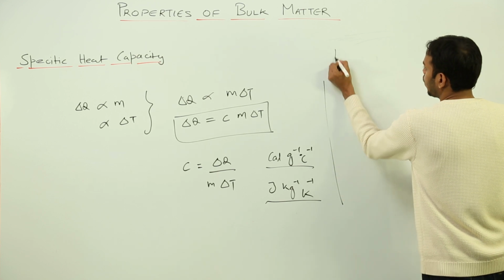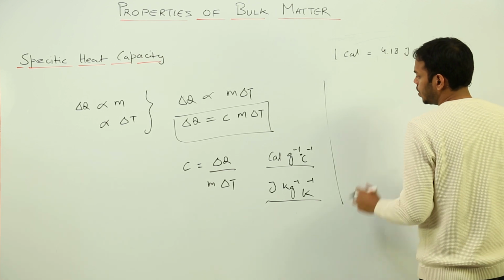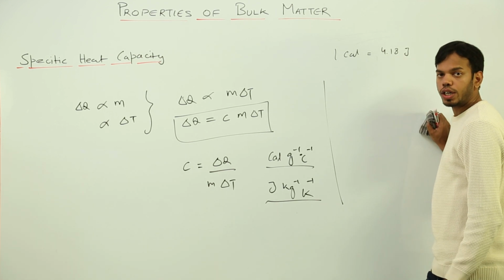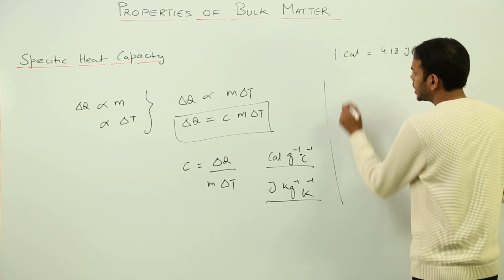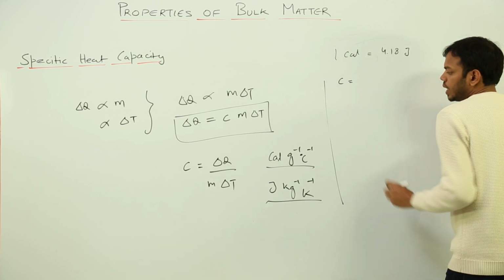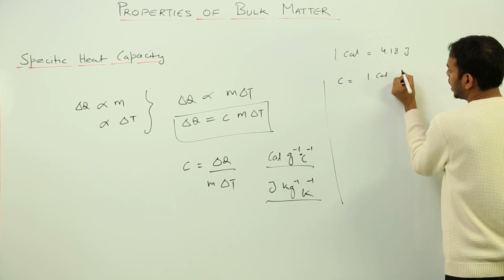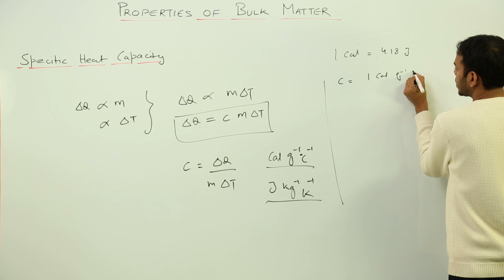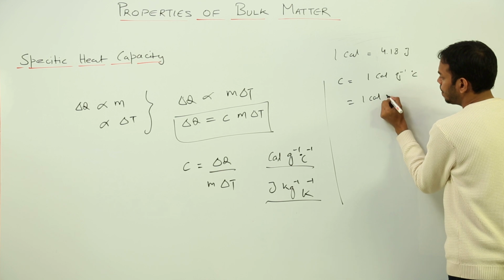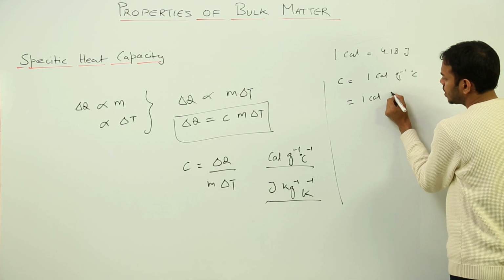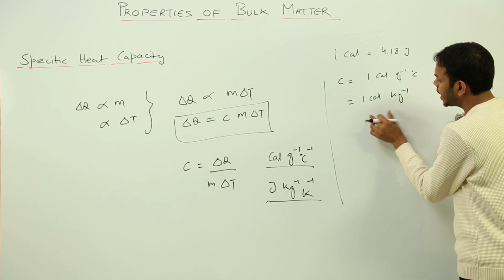Now we know that 1 calorie is equal to 4.18 joules. So if I have to find the specific heat capacity of water, C is equal to 1 calorie per gram per degree Celsius, or converting it with kg, 1 calorie per kg. Per kg means multiplied by 1000, as kg is already on the denominator side.